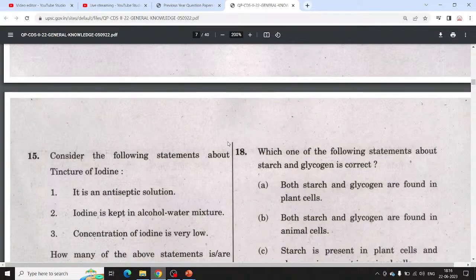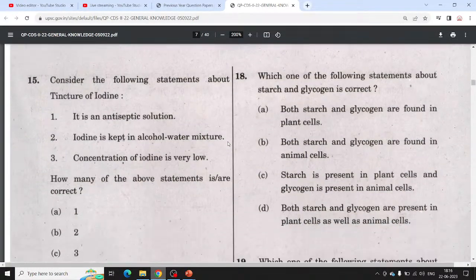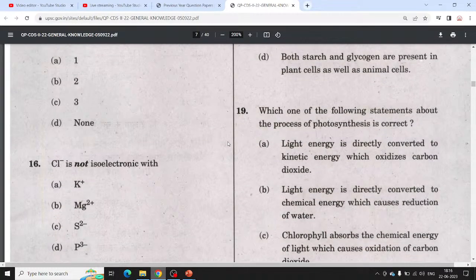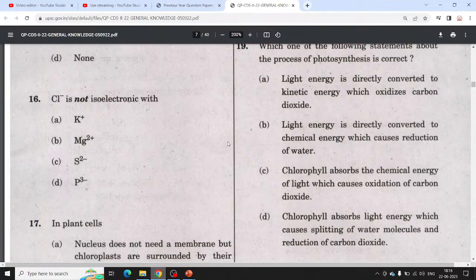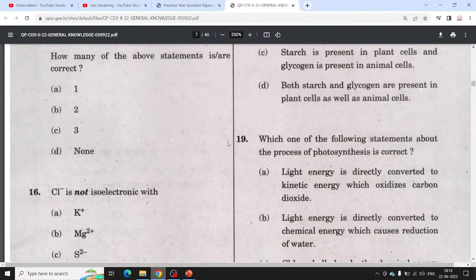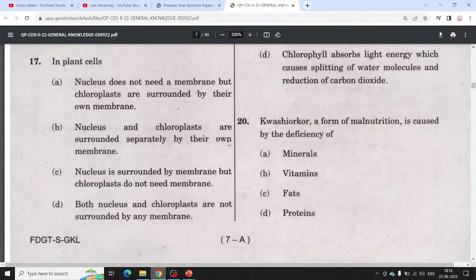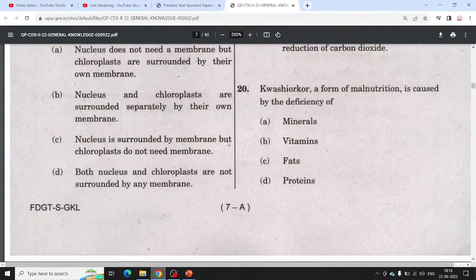Okay. So look at this now. Next. This is biology. I haven't come to biology right now. Question number 19 is also biology. Take a minute. Kwashiorkor, a malnutrition, is caused by the deficiency of.